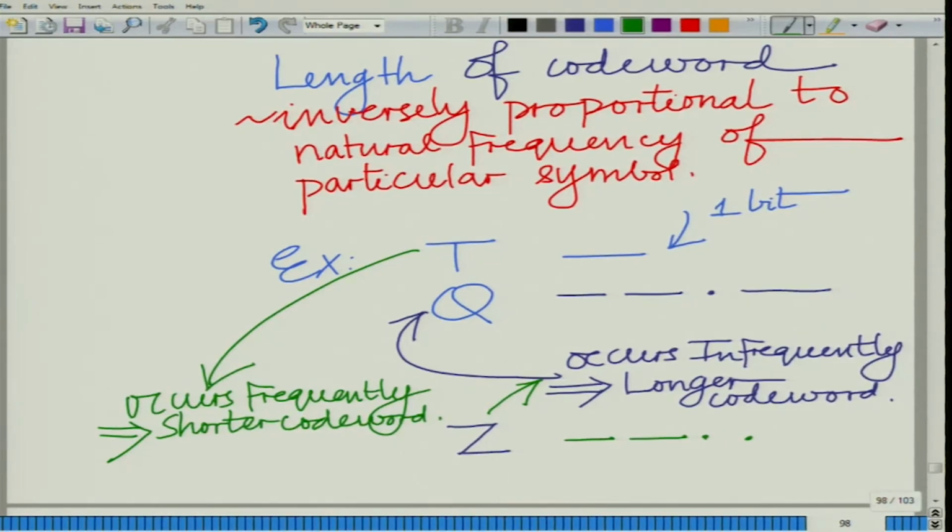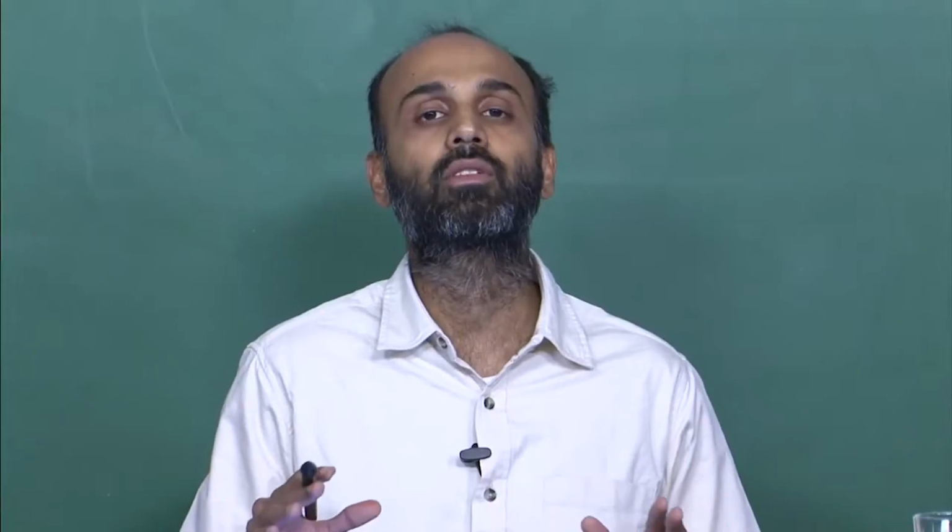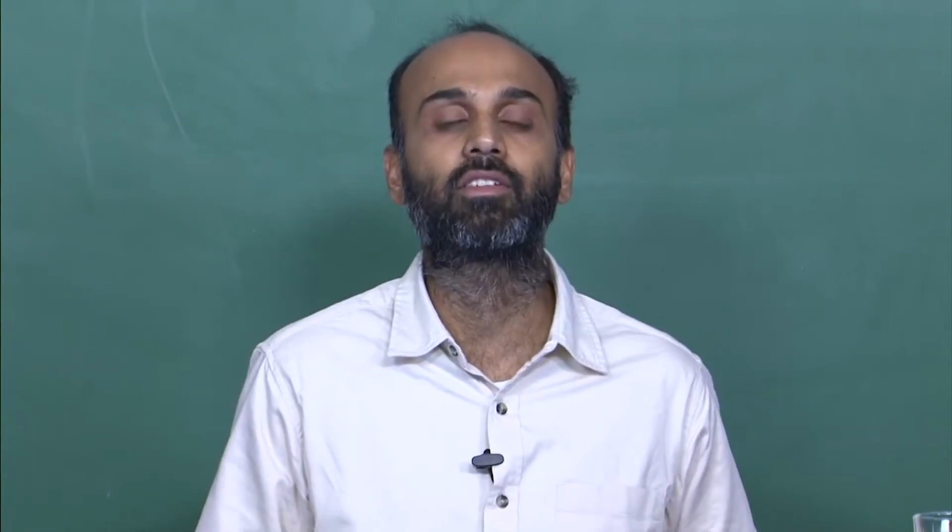So, that is the basic idea. Even a code like the Morse code, which was designed hundreds of years ago and which formed the backbone of the telegraphy system, was in fact based on this principle, much before the principles of information theory were formalized.